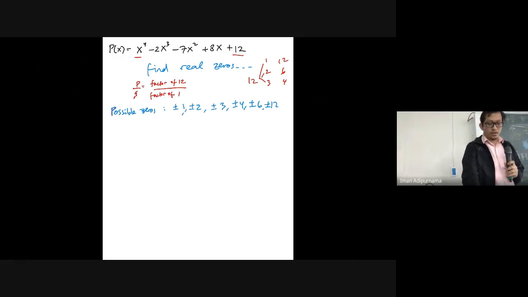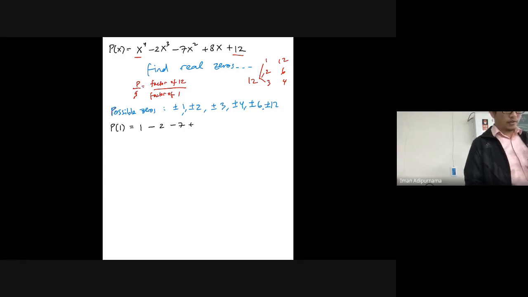Okay, and then what? If it's easy enough to plug in the number, then just plug in the number like 1 and -1. I think that's easy enough to check. So let's try 1. 1, -2, -7, 8, 12. With 1, I think it will be not 0, right?